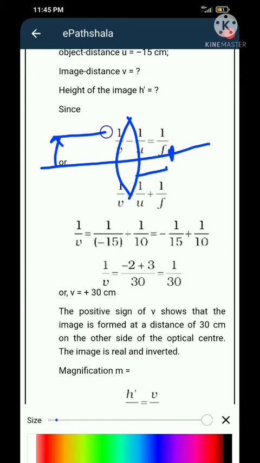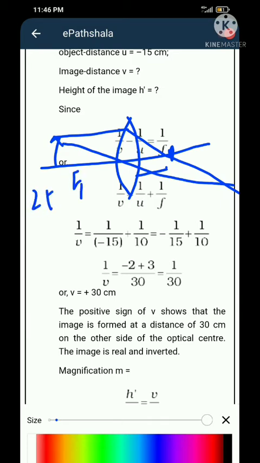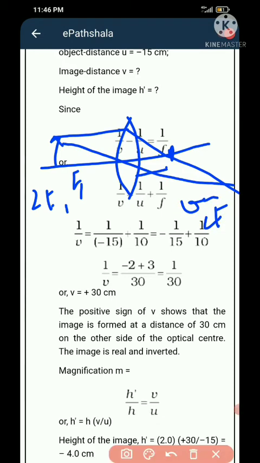A ray of light coming from far away passes through the focus, and one goes through the optical center, meeting here. So your object is placed between f1 and 2f1 and your image is formed beyond 2f1. You understand? This is the case which is already given.